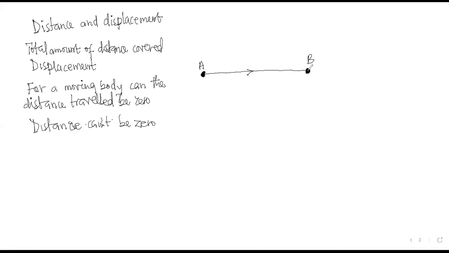So where the direction of motion does not change, distance is equal to displacement, because here the direction of motion does not change.